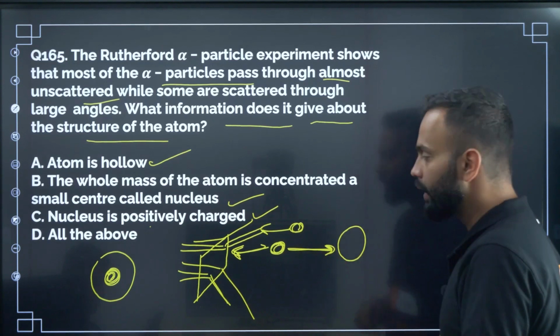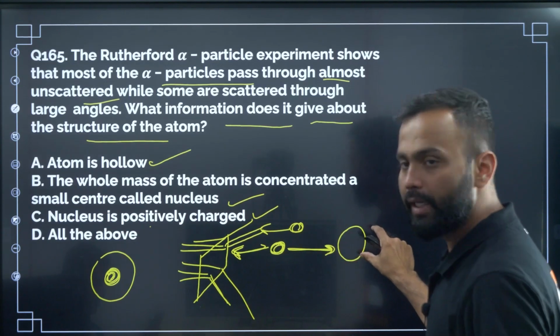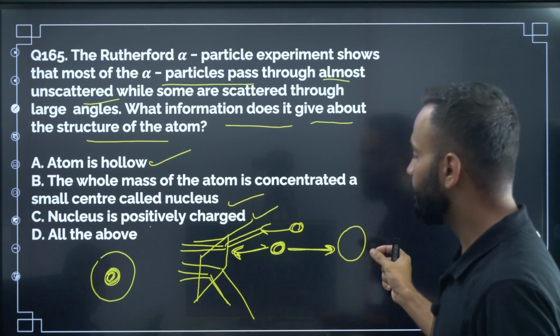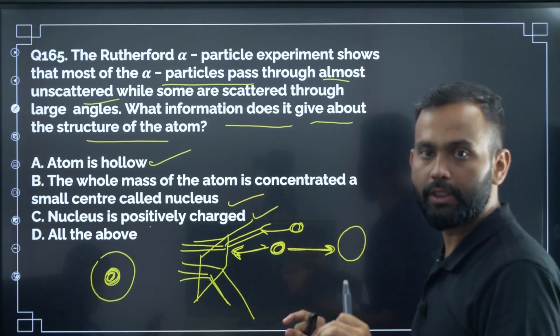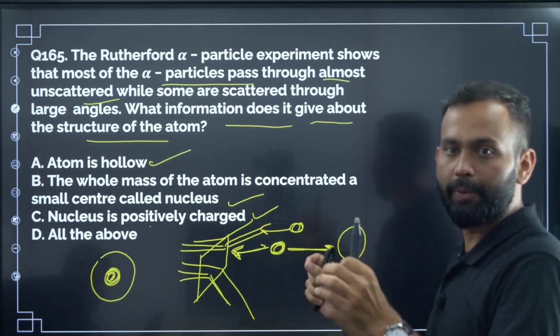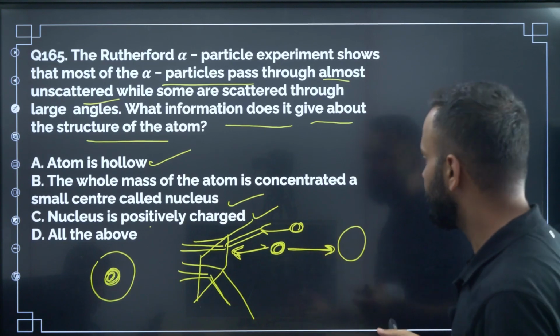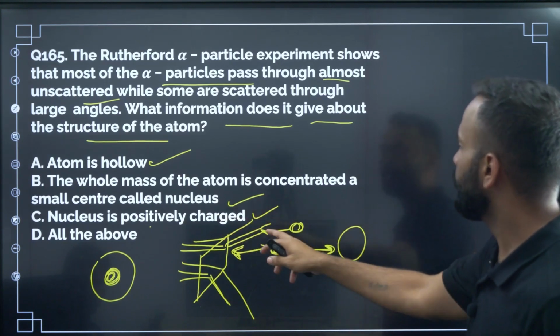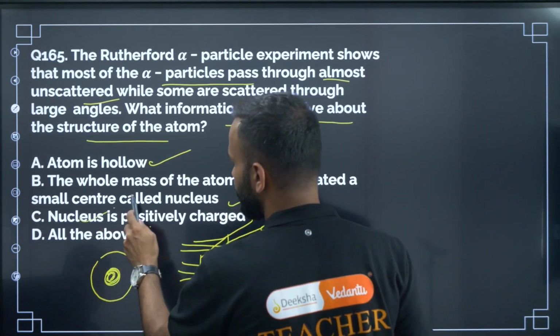From this he concluded that the nucleus is positively charged, because the alpha particle is positively charged and positive charges repel each other. So option C is also correct.